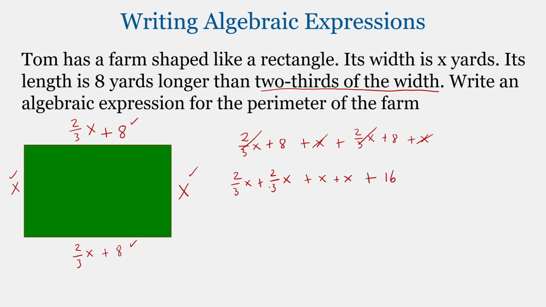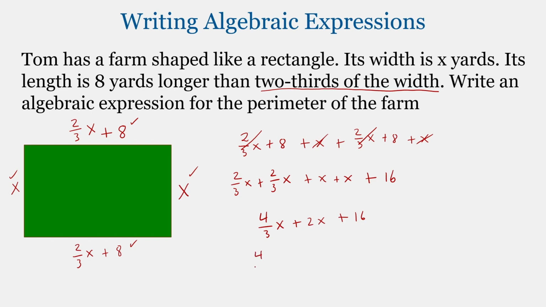2/3 x plus 2/3 x. We have a common denominator of 3, so we can add this. So that's 4/3 x plus 2x plus 16. Now we're going to add the 4/3 x plus 2x. We'll need to get a common denominator. Denominator here needs to be 3.